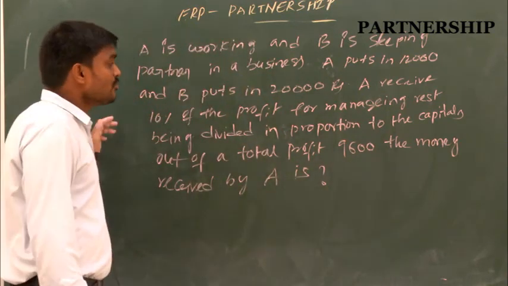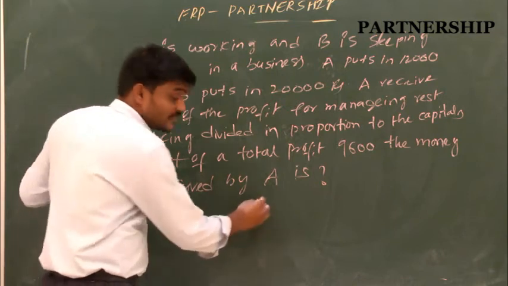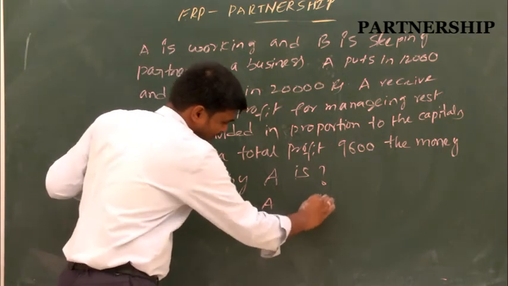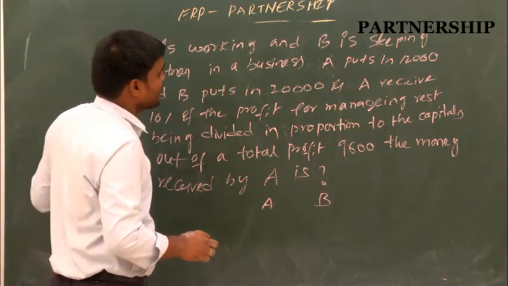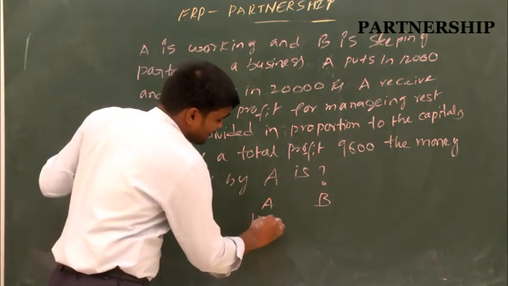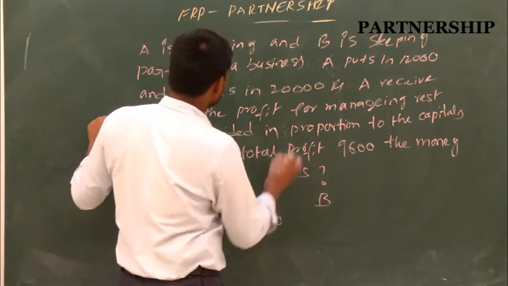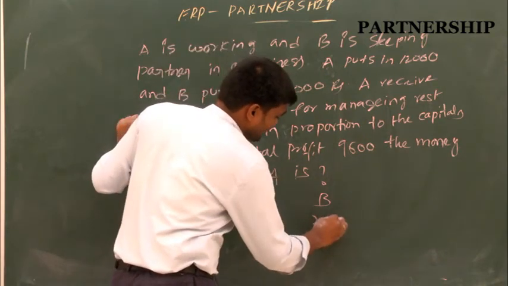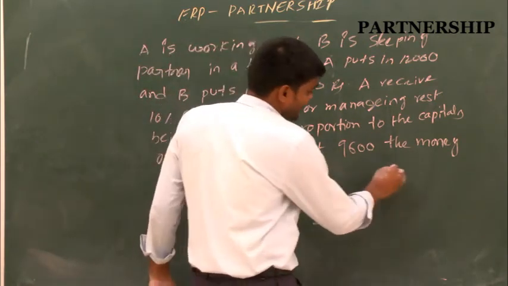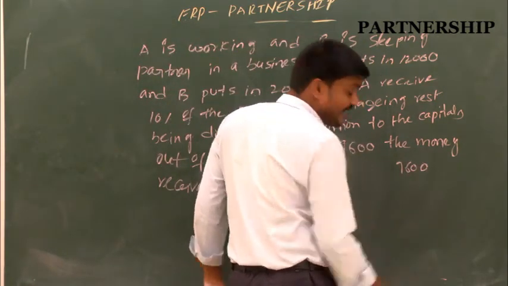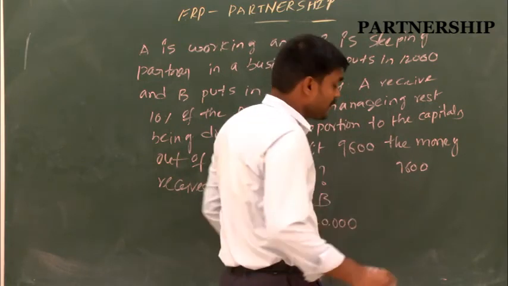Are you getting it? So here A and B capitals are 12,000 and 20,000, but the total profit is 9,600. A receives 10% of the profit.